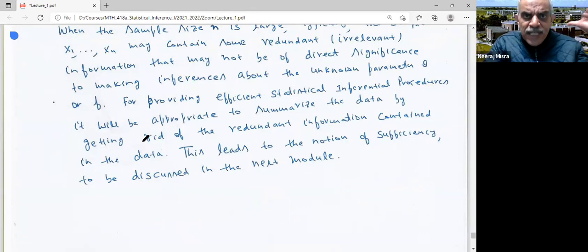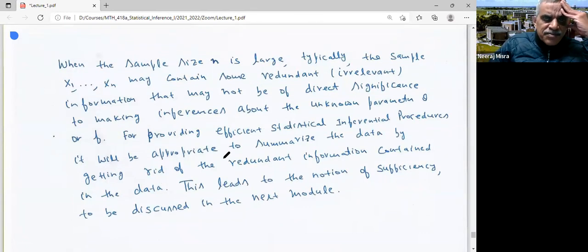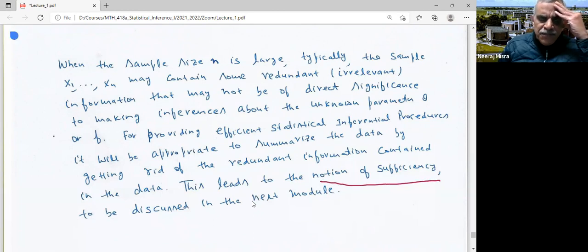So I try to squeeze x1, x2, ..., xn through some statistic, or I try to summarize the information contained in x1, x2, ..., xn through some statistic. This leads to the notion of sufficiency or a sufficient statistic, and that is what we'll discuss in our next lecture.